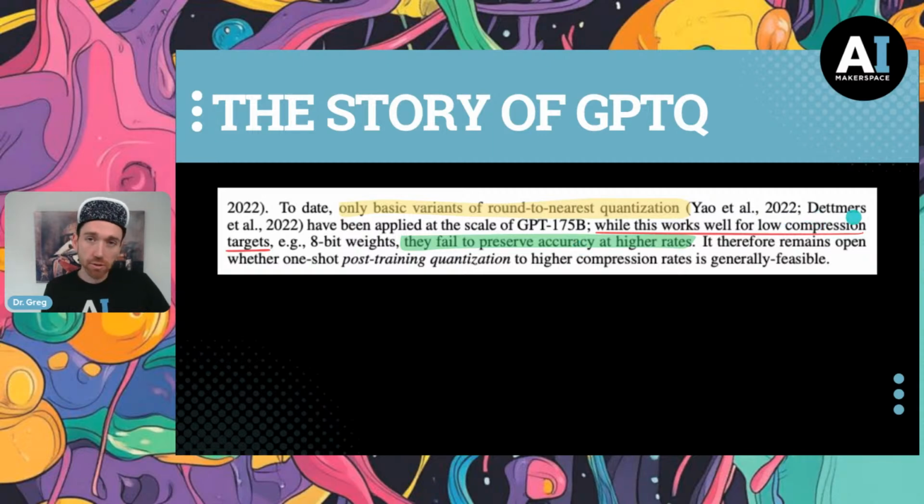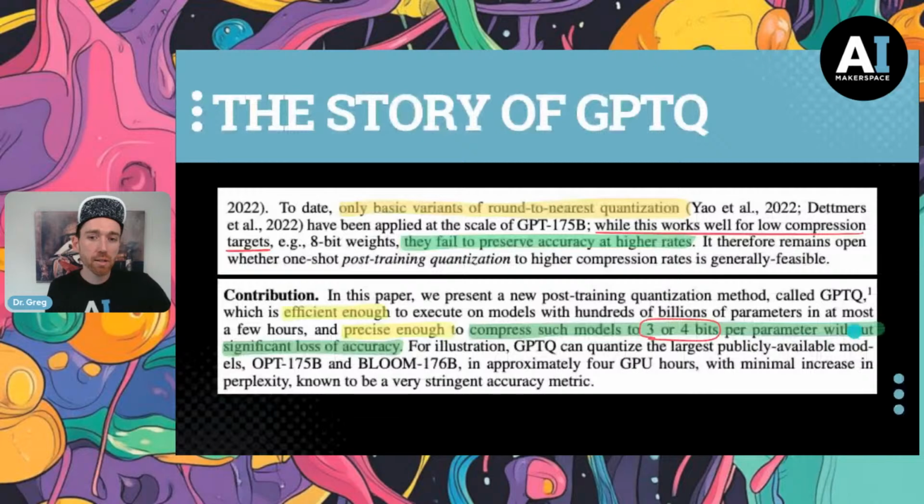So this includes the Dettmers paper. While this works well for low compression targets, like 8-bit weights, they fail to preserve accuracy at higher compression rates. What does that mean? Well, it means even lower bits.